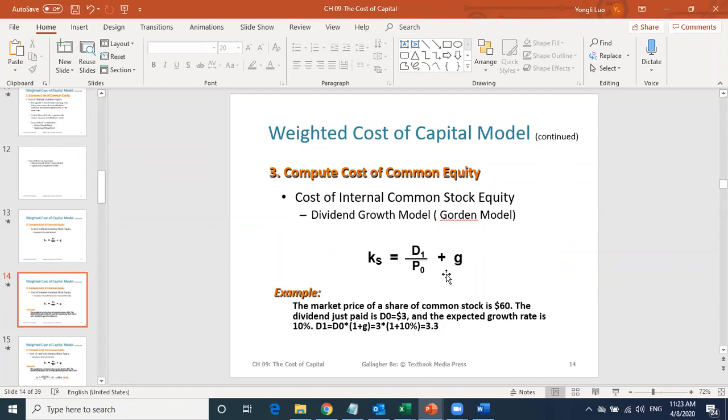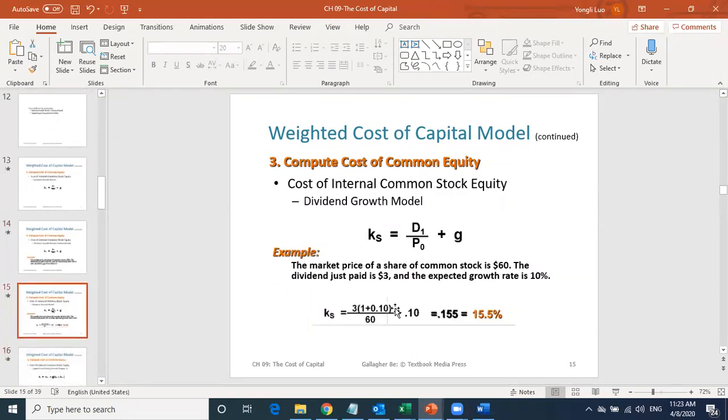That is D1. This is very important to know for the dividend growth rate model, and with it you can get the cost of common equity.